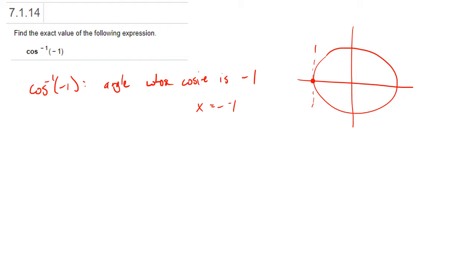However, there are two ways of looking at the angle here. Is this minus pi or is it plus pi? It can't be both because arc cosine is a function, meaning it produces a single result. So by convention, arc cosine produces an angle specifically between 0 and pi. Arc cosine of something is always going to result in an angle between 0 and pi, which means we don't want minus pi, we want positive pi here.